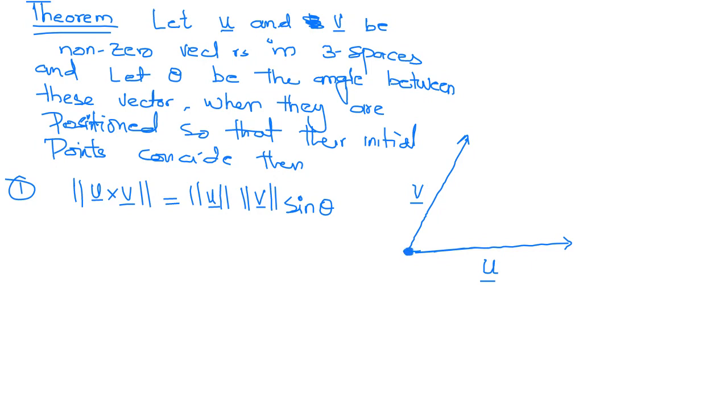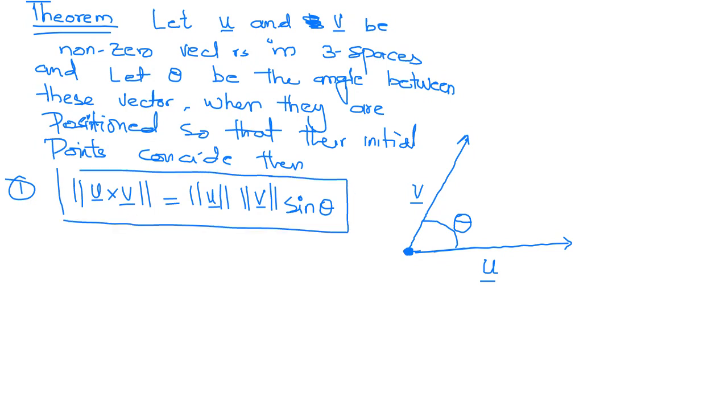You can find the angle theta between the two vectors by using this formula. First take the cross product of the two vectors and then take its magnitude, which is equal to the magnitude of u, the magnitude of v, and sine of theta. You can easily find the angle if you know the vectors.